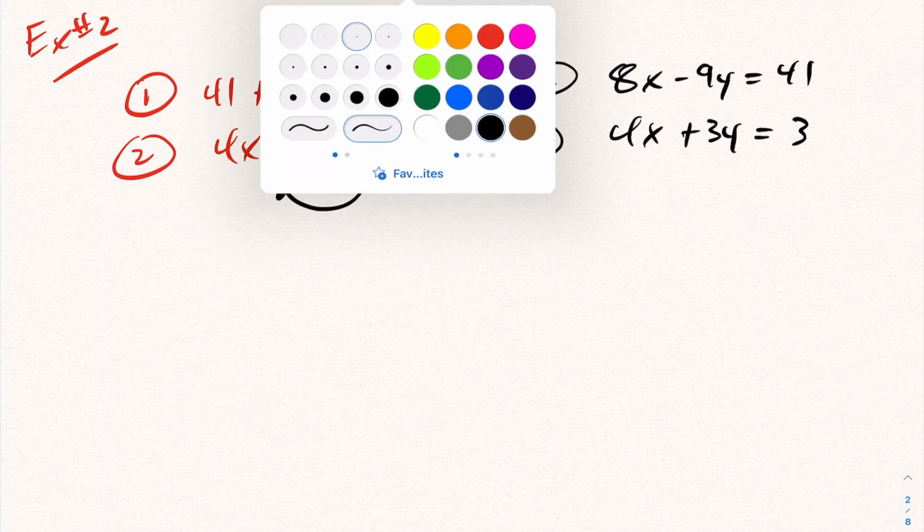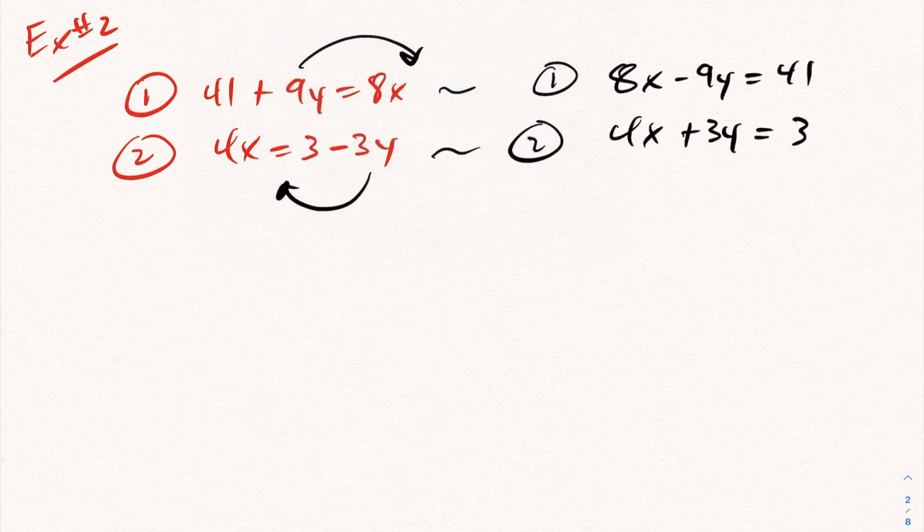So this would be an elimination question, in which case I'm going to take the second equation and double everything. If I double everything, this becomes 8x plus 6y is 6, and this is like my equation 2 star.